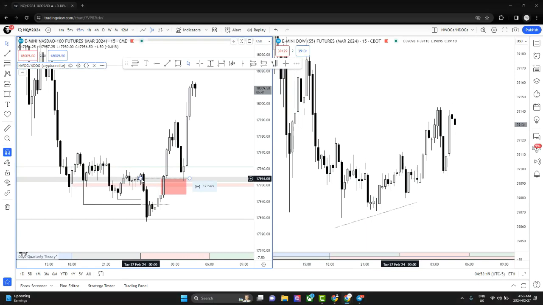Why? Because it needed to find this opening price right here, which is the opening price of Q2, which is the true day open. And the true day open overlaps with this new day opening gap and this fair value gap and this breaker, which made this a high probability entry, right?